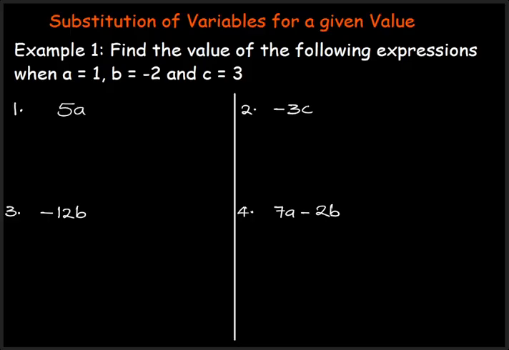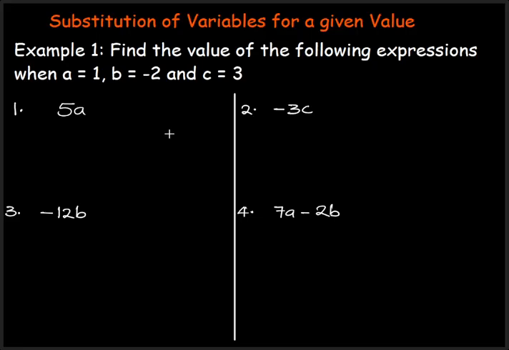Number one, find the value of the following expressions when A is equal to 1, B equals -2, and C is equal to 3. So what are we looking for here? We are to do what?